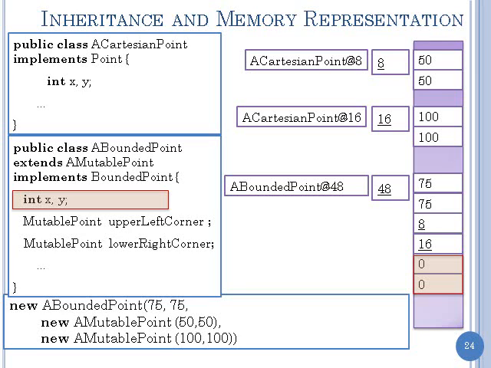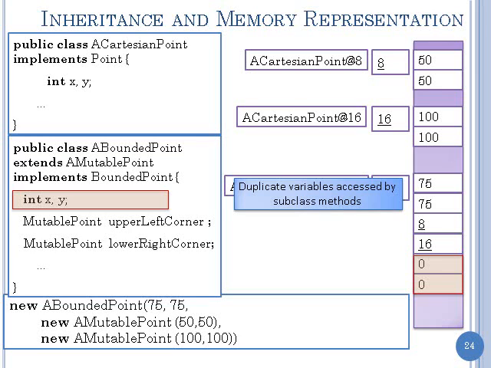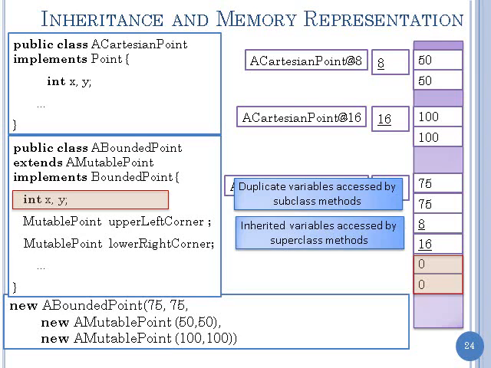So I start copying and pasting code to my superclass, and I forget to delete my x and y from the subclass. And what happens is that you have duplicate variables, and these duplicate variables are accessed by subclass methods, and the inherited variables are being accessed by my superclass. So my superclass constructor is initializing those variables, my subclass constructor is accessing these variables, and I don't know why my program is not working. And I'm not the only one who does this.